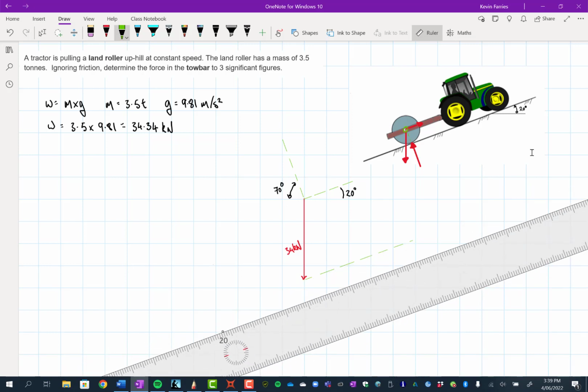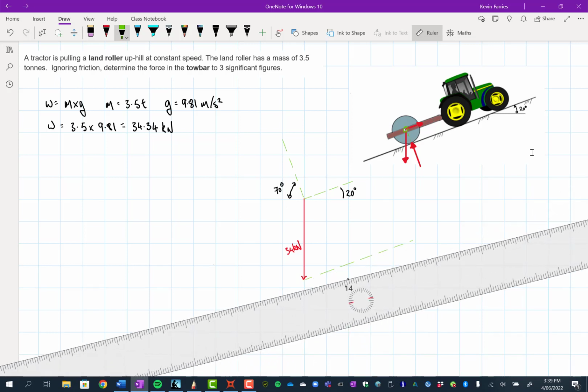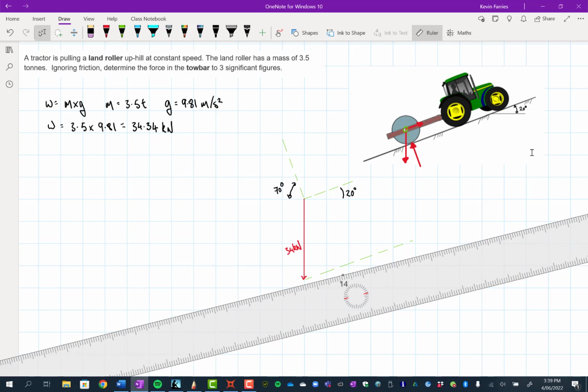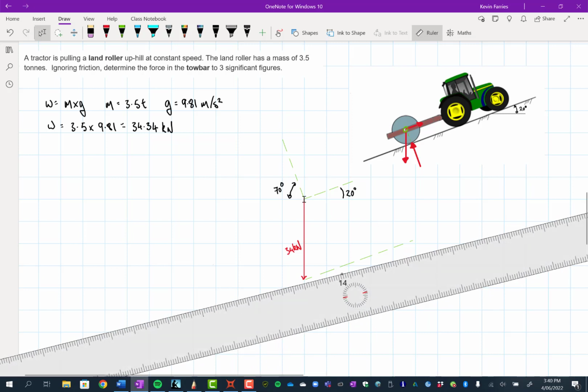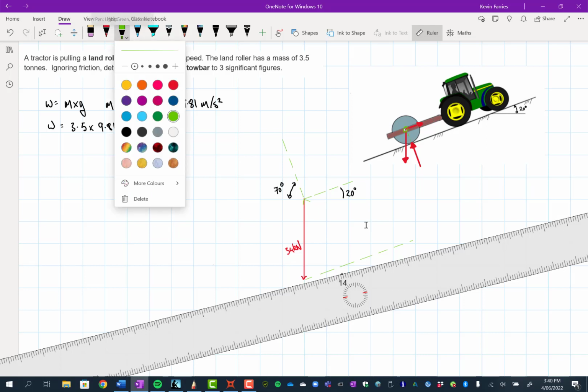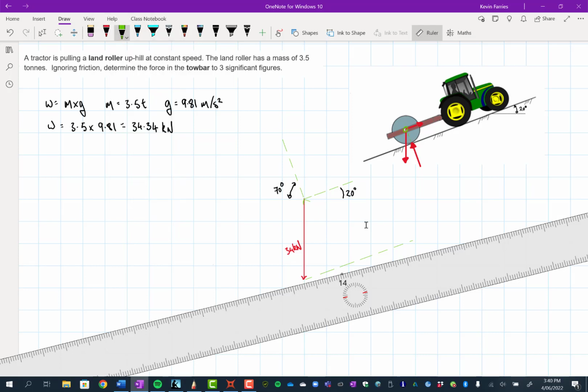And to get a zero resultant, so to get particle equilibrium, all the forces must cancel out. Therefore, if you're doing it graphically, you must come back to the start point. Therefore, we know that this reaction from the ground, when they're nose to tail, must come back and its nose must be here. This pen looks awful thin. It is. So it must come back to here.